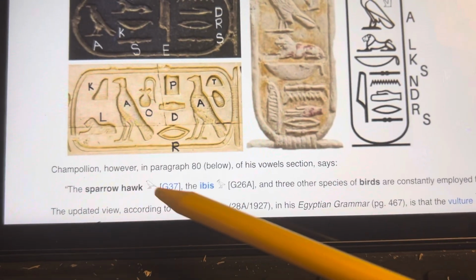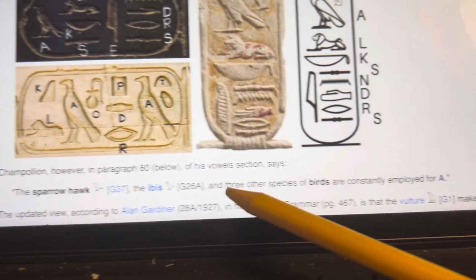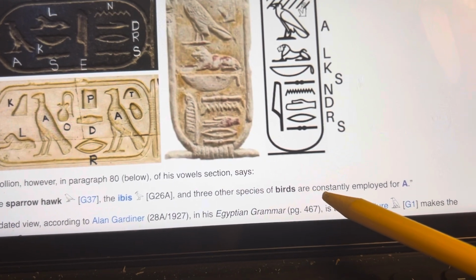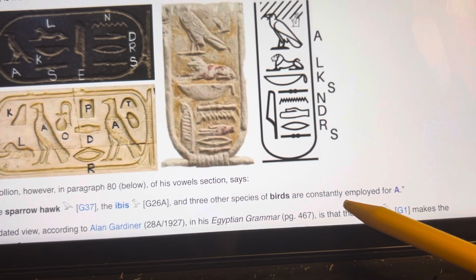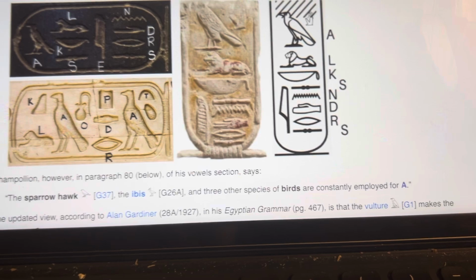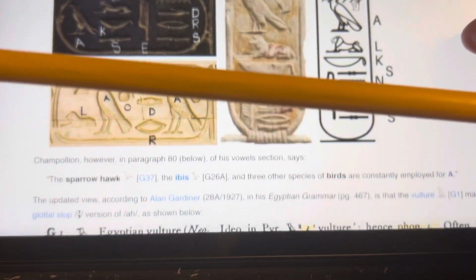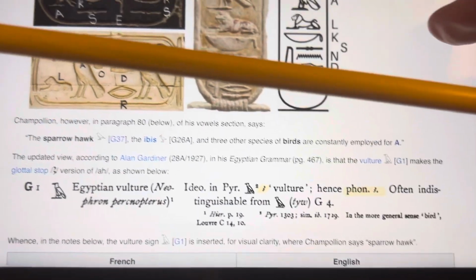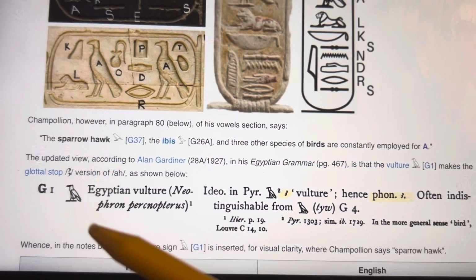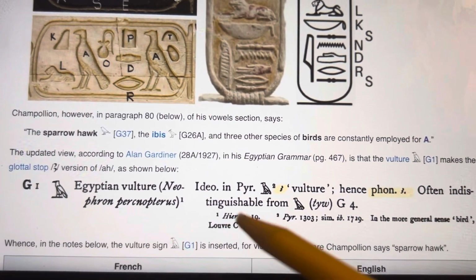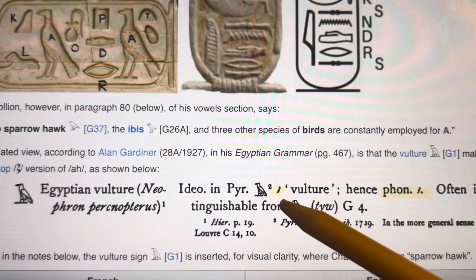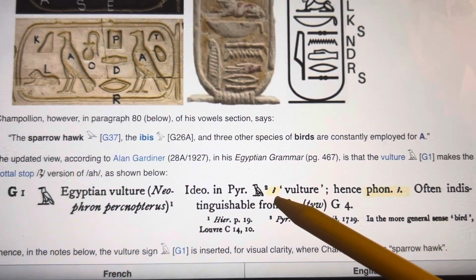He says the sparrowhawk, the ibis, and 3 other species of birds are constantly employed for letter A. So Gardiner eventually defines the vulture as the glottal stop, or phonetic Hebrew A.